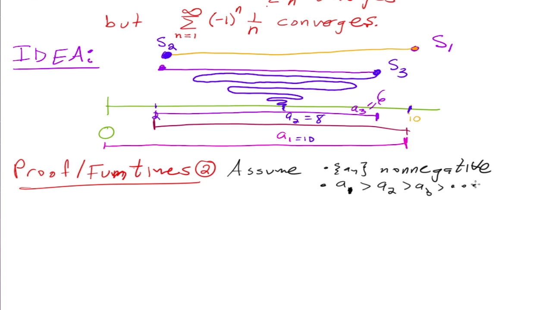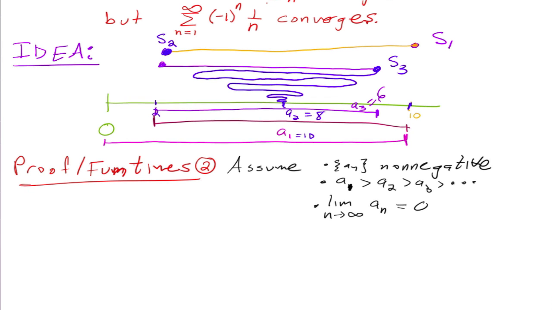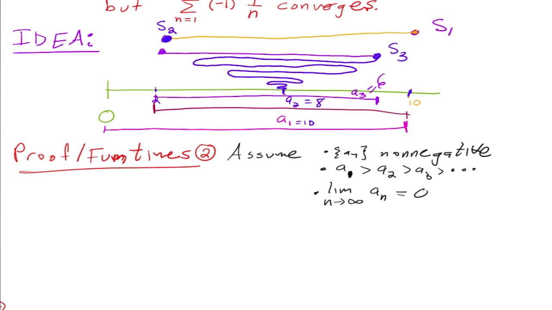So a sub n is decreasing. And we also assume that the limit, as n goes to infinity, of a sub n is equal to 0. Okay, so these are our tools to prove that the series is convergent.